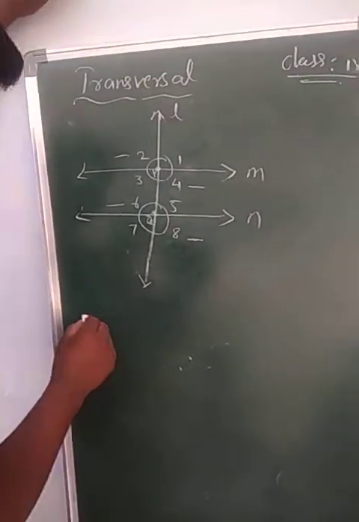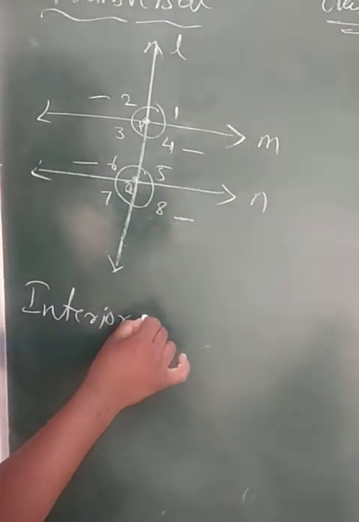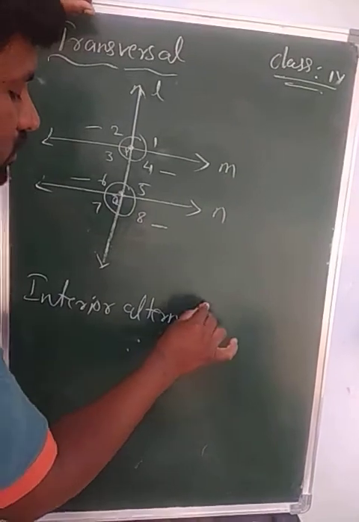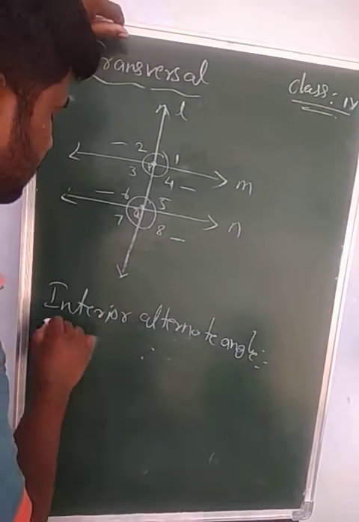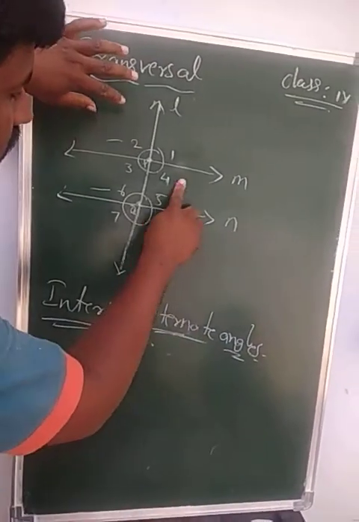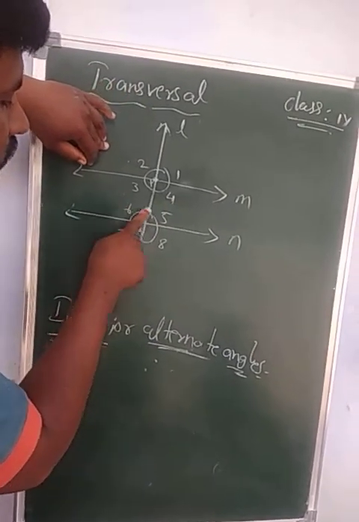Next, interior alternate angles. Interior alternate angles. See, observe here. Angle 3, angle 4, angle 5, angle 6.